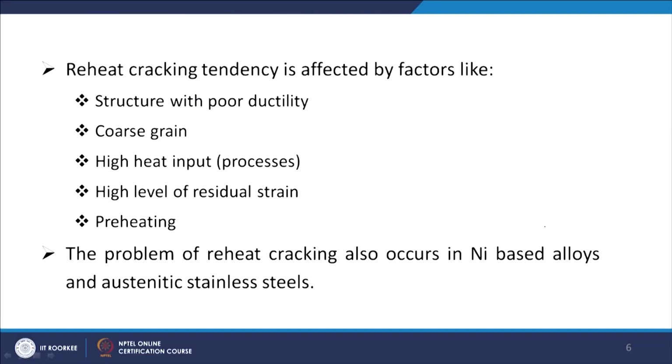For example, an upper bainitic structure will have more susceptibility to reheat cracking, because at elevated temperature embrittlement will take place. Coarse grain is more susceptible to reheat cracking as compared to finer grains. Then you have high heat input processes, like electroslag welding or submerged arc welding processes.